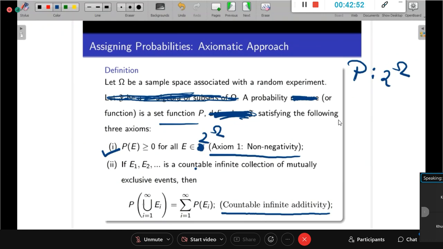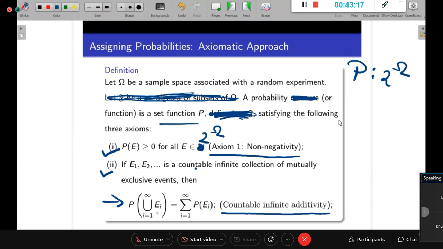Now the second thing is countable infinite additivity. You take a collection of mutually exclusive events, infinitely many or finitely many. If it holds for infinitely many, it also holds for finitely many; there is no problem with that.